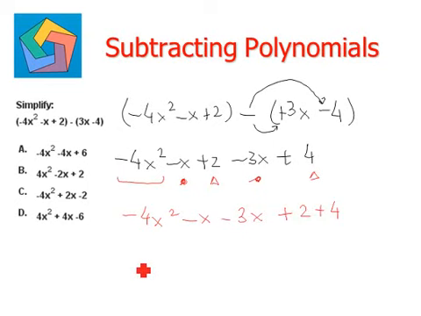Now we solve it further. Negative 4x squared. Two negative numbers, they add up and we keep the negative sign. And 4 plus 2 is 6. So my answer is negative 4x squared minus 4x plus 6, which is option A.